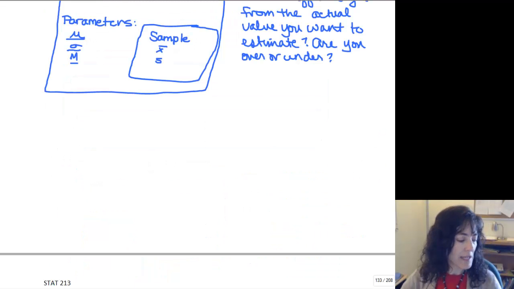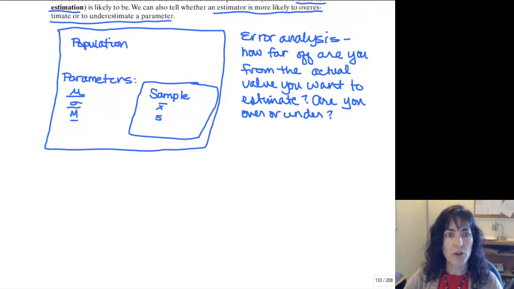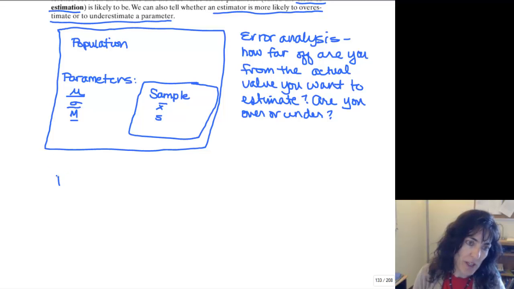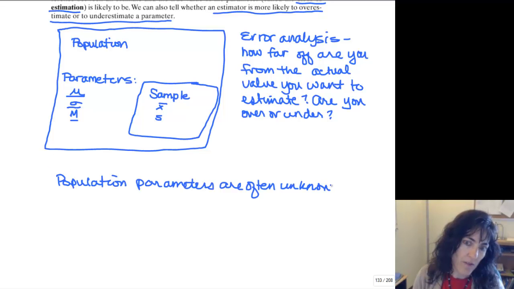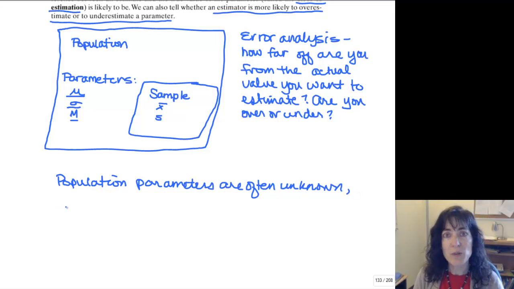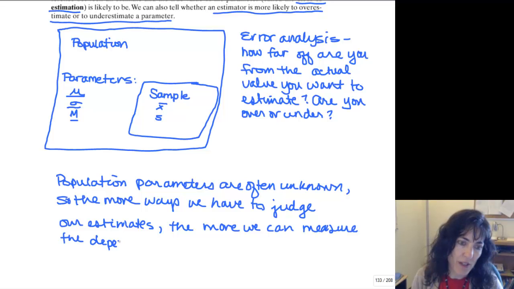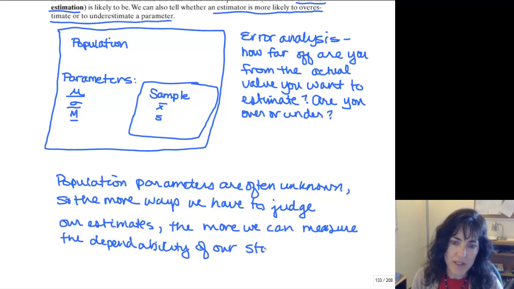Okay, and then the last thing is, remember, we often don't know what our population parameters are. Population parameters are often unknown. So the more ways we have to judge our estimates, the more accurate and more dependable our statistics become, and the more we can measure the dependability of our statistics.